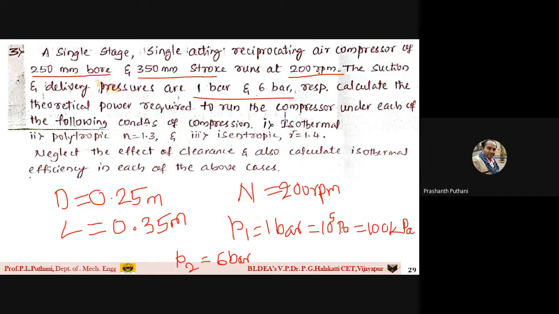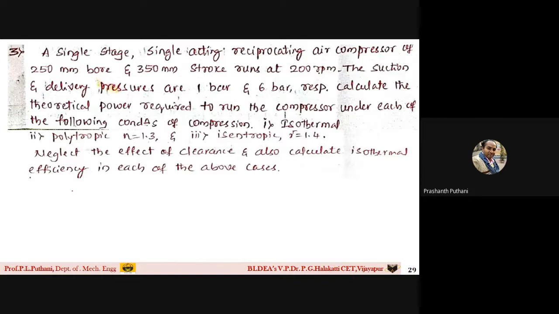Now, we need to calculate the theoretical power required to run the compressor. Theoretical power is nothing but, students, the work input for the compressor itself, taken with respect to time.